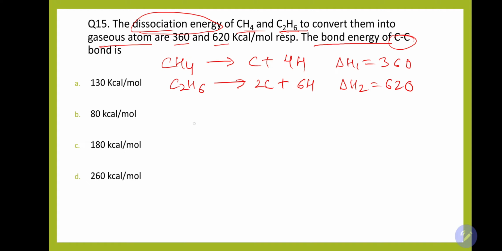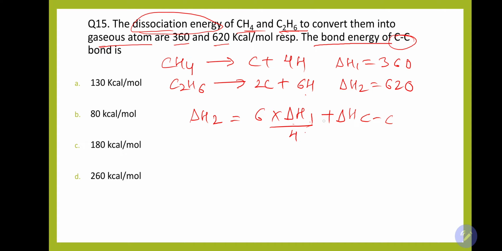Okay, so what will be the heat of formation of delta H2? It is 6 into delta H1 upon 4 plus delta H of C-C bond. Okay, how did I get it? First of all, see, it will be 6 into delta H by 4.